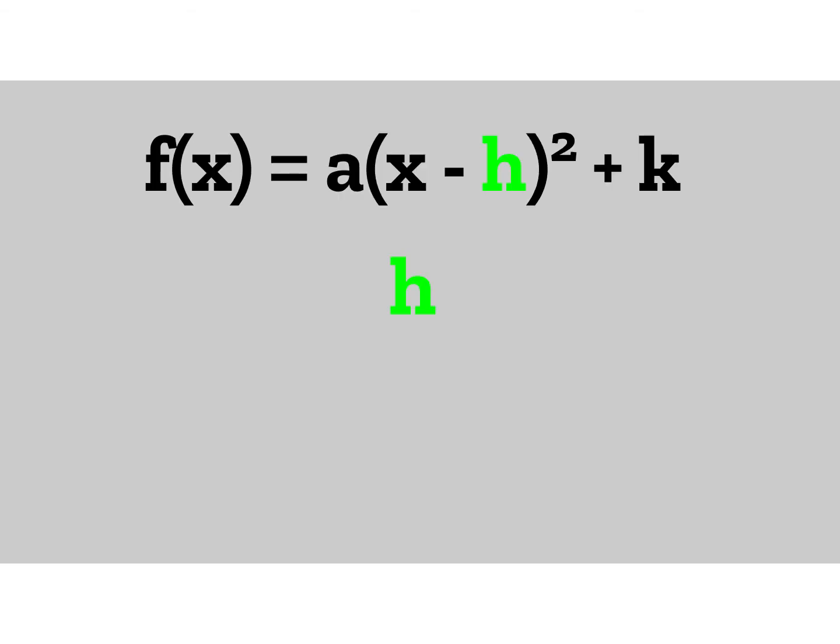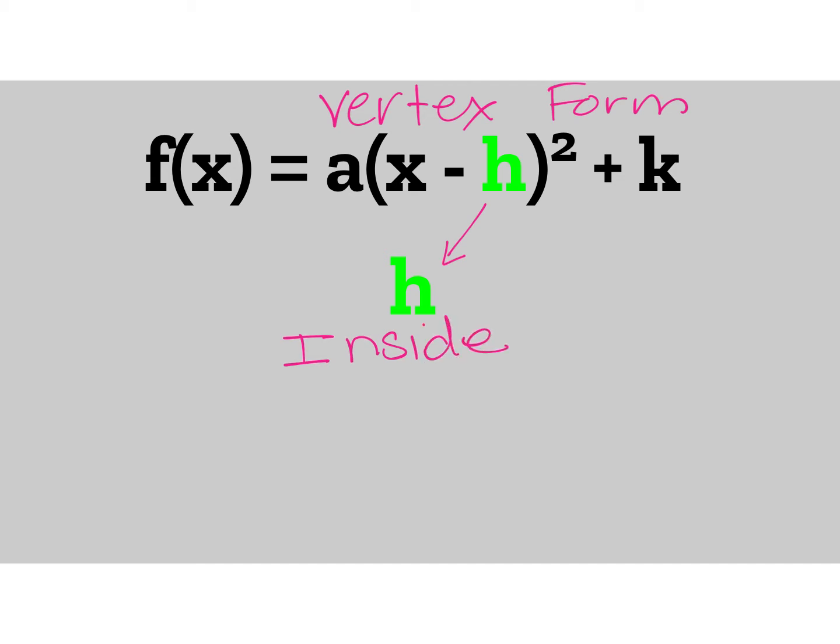What we have here is what we call vertex form, and we'll be talking more about this, but each letter represents a transformation, and in this case we're talking about the H, which is located inside the parentheses. So this is inside. So it's going to have a horizontal shift.